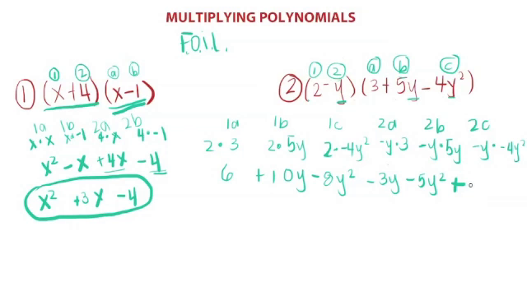Y times y squared would end up giving me y to the third, okay?